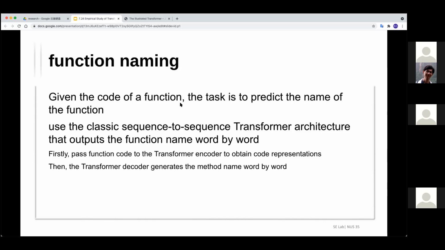Word by word. And how do they construct the vocabulary? For my understanding, this is just a vocabulary size. So he has a vocabulary of function name words. Yeah, just like what we showed in the picture before.